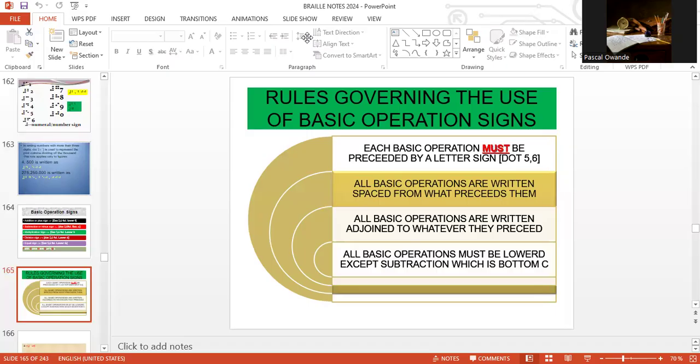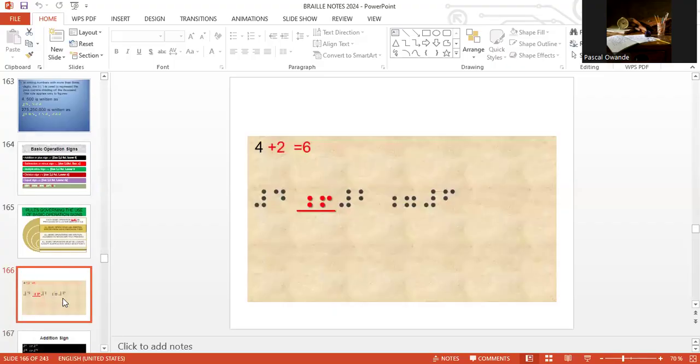Having mentioned that, it's good to take note of the same. I want to take you through some examples here. You can see we have 4 plus 2 equals 6. For us to write a number, the number must be preceded by a numeral sign.